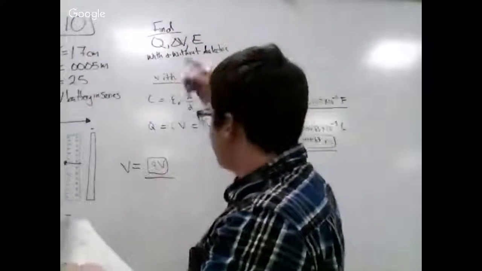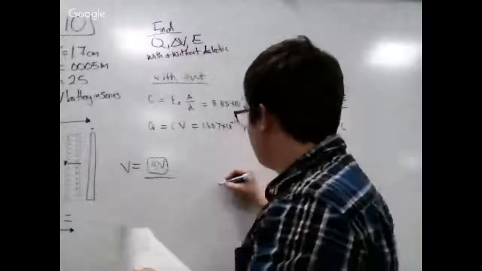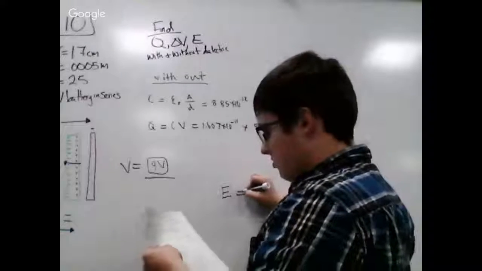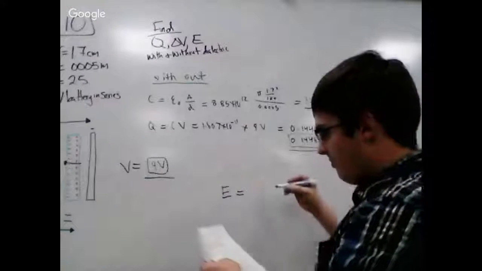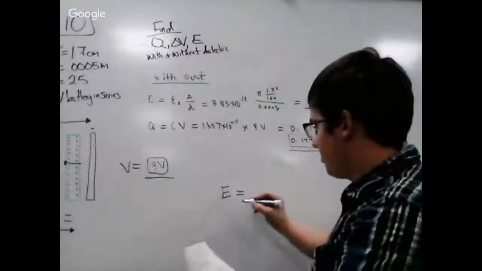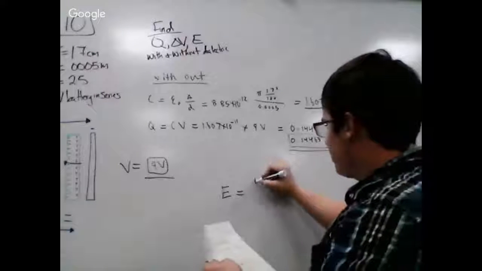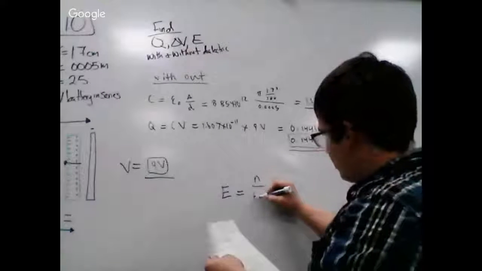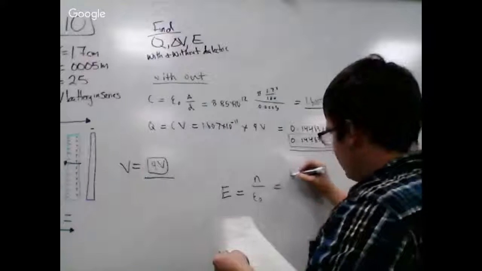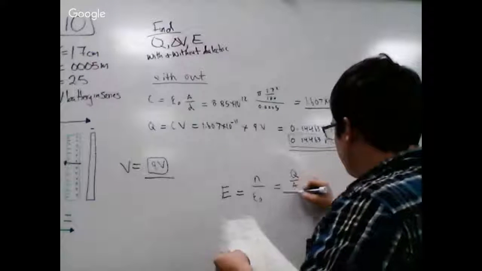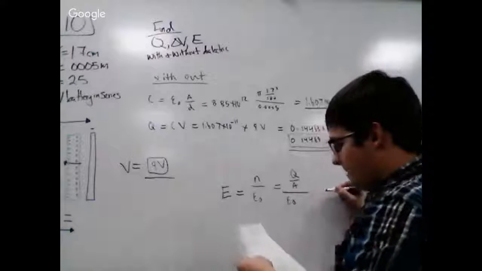And then finally for E, if you look on your equation sheet, the electric field of a capacitor is equal to Q divided by area, all over epsilon naught.